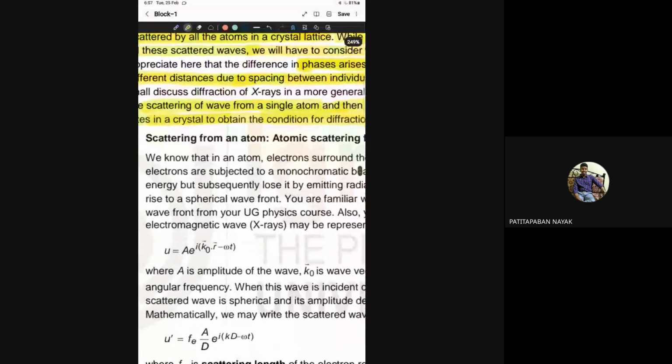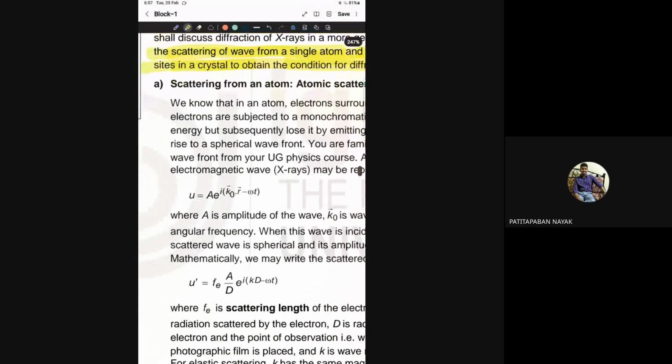Also, you know that a plane electromagnetic wave may be represented mathematically by e to the power i(k dot r minus omega t), where k0 is the incident wave vector. The incident X-ray can mathematically be represented as u equals A e to the power i(kx minus omega t).